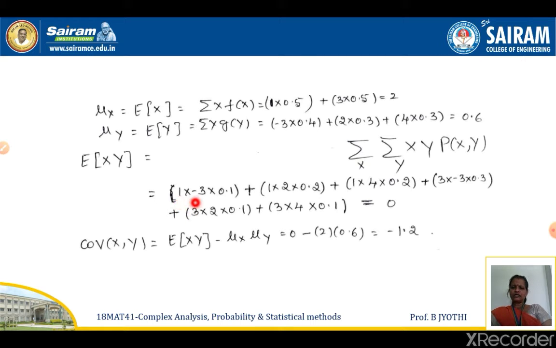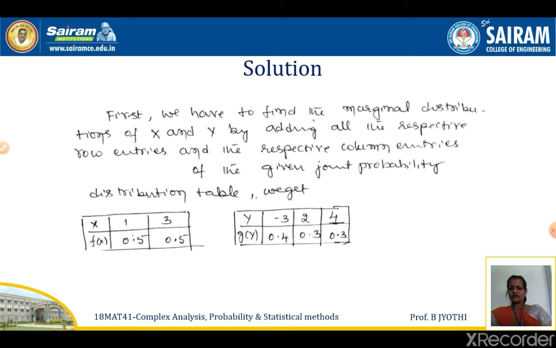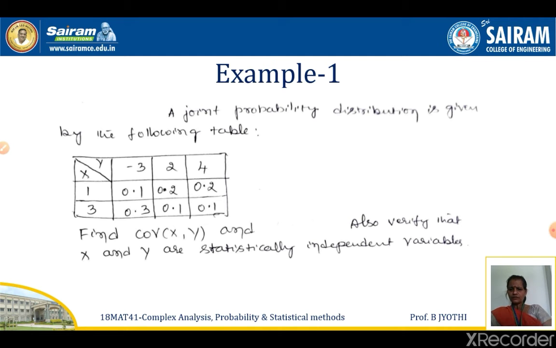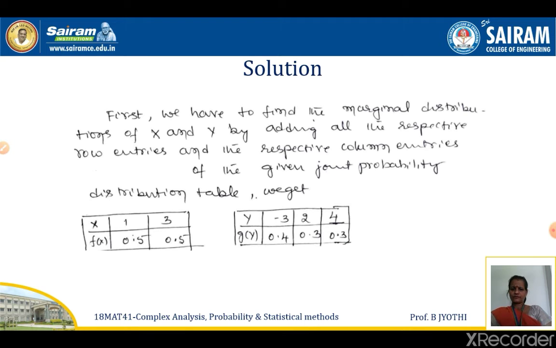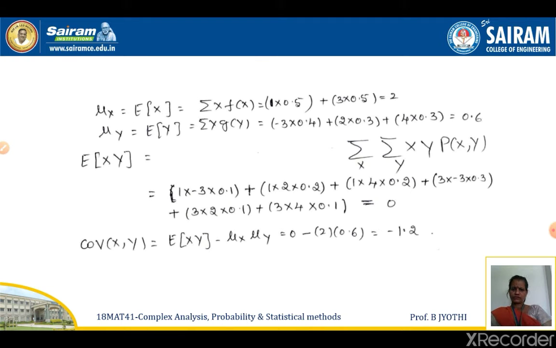It is 1 into minus 3 into 0.1. Then 1 into 2 into 0.2, then 1 into 4 into 0.2, then 3 into minus 3 into 0.3.